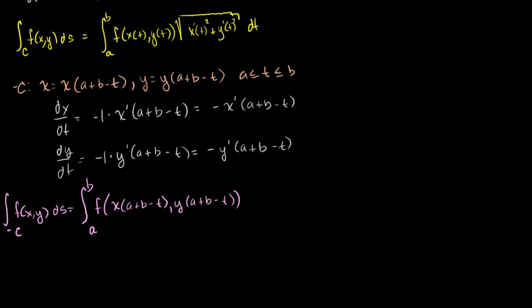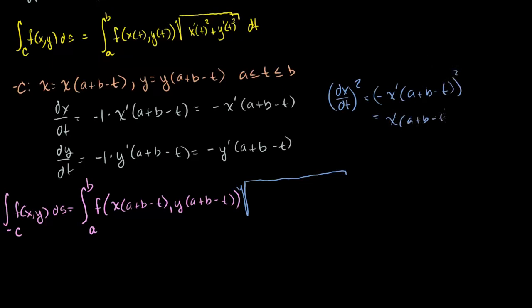And then times the square root of dx dt squared. What's dx dt squared? It's just this thing squared. If I have minus anything squared, that's the same thing as the anything squared, right? This is equal to minus x prime of a plus b minus t squared, which is the same thing as just x prime of a plus b minus t squared, right? You lose that minus information when you square it.